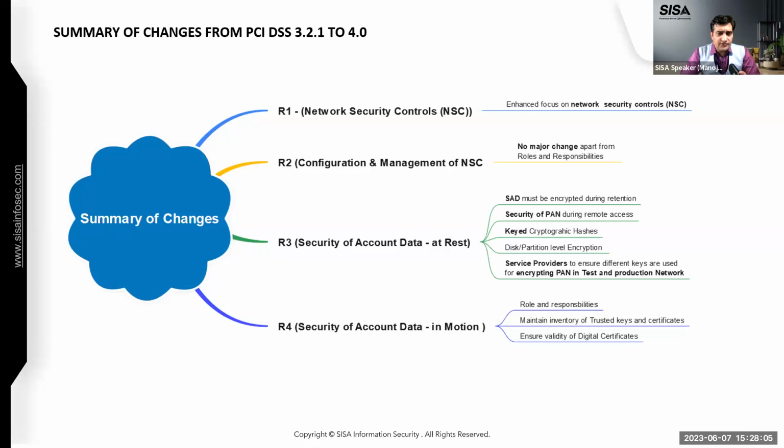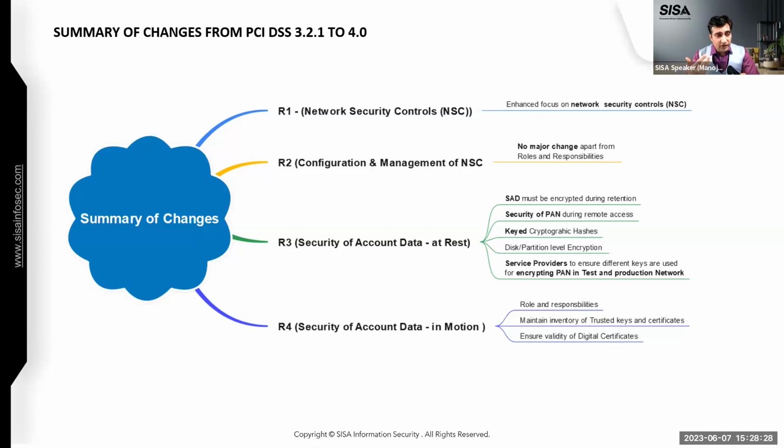Requirement number 3 is focusing on security of account data. When I say account data, it is all about your cardholder name, your primary account number, your expiry date, all of that stuff, plus your PIN, your track data, which is there in your EMV chip and or your magnetic stripe, all of that, right?